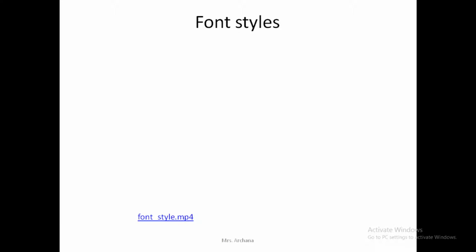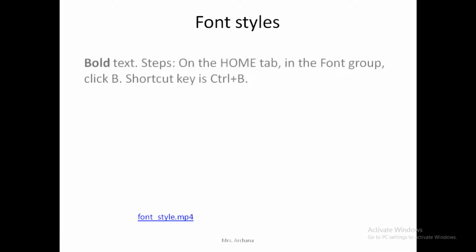Now font style, here we will get 3 type of font style. Okay, first one is your bold. Bold means the most darkened one, which I have already shown you. This is the bold type text. How to do it? On the home tab in the font group, click B. B will be written there, you have to click on that.